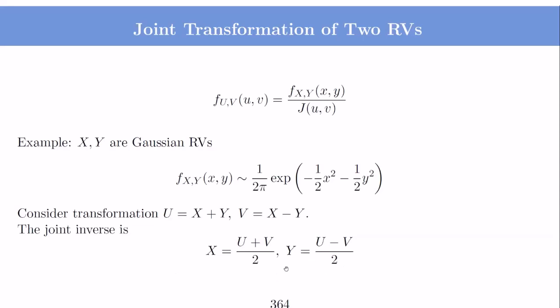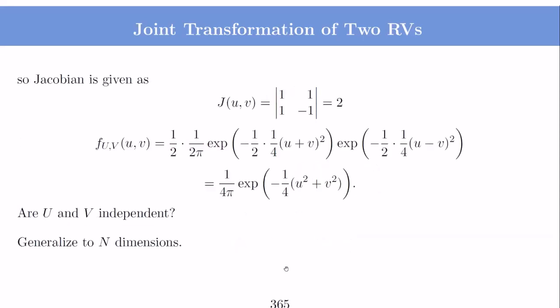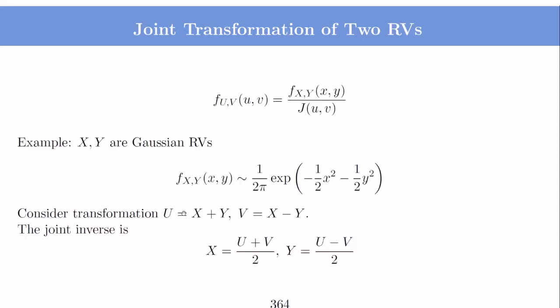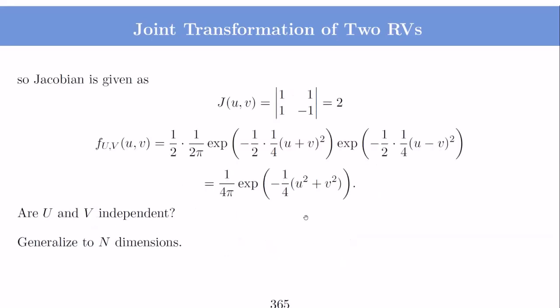This is the inverse. Now we have to compute the Jacobian. For the Jacobian, we compute all the derivatives: del u by del x, which will be 1, del u by del y, which is also 1, del v by del x, which is 1, and del v by del y, which is minus 1. So if you put all those values and compute the determinant, this will come out to be equal to 2.